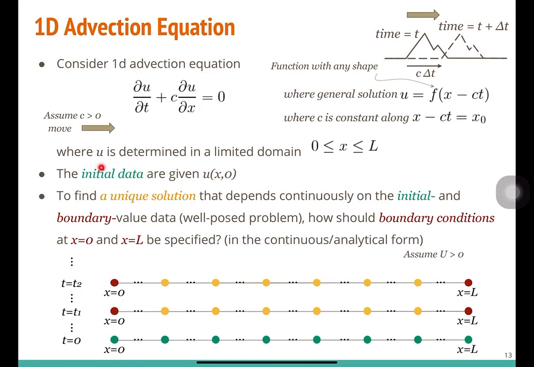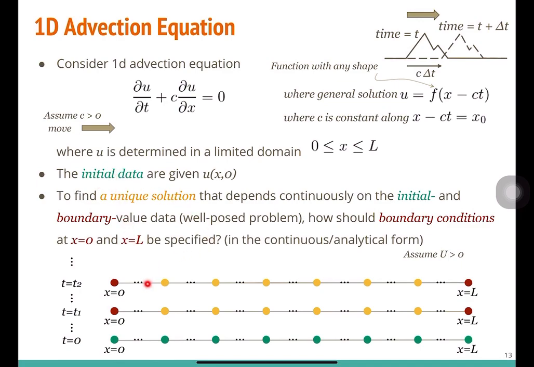And then we know that in the model for x within 0 to L, we can determine the values of u. And how do we do that?